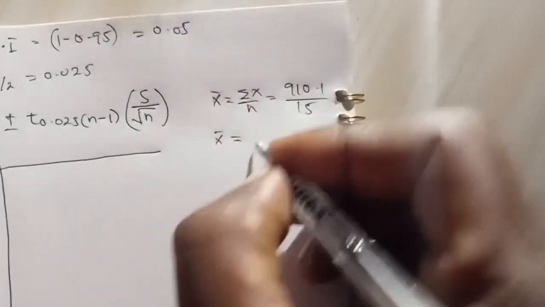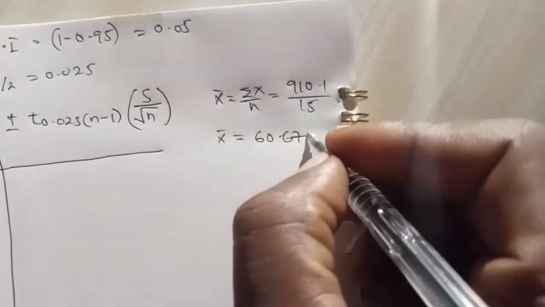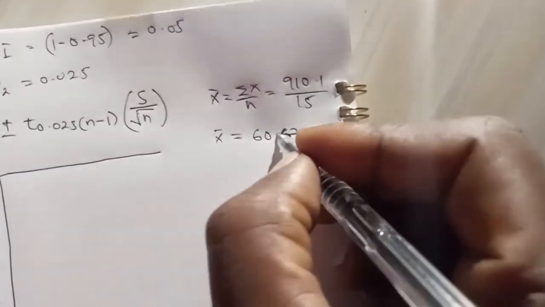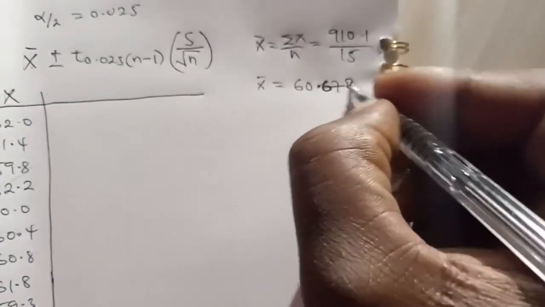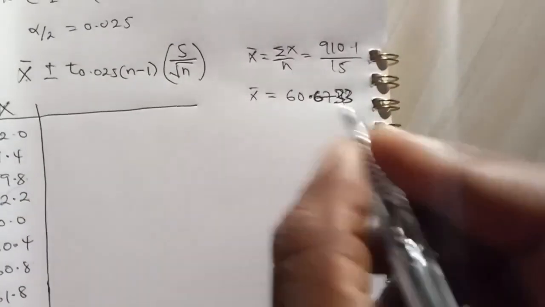If we divide that, we have that our mean is 60.6733. Let's just use 4 decimal places.